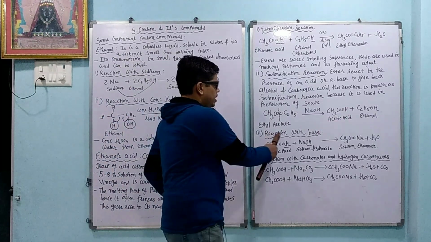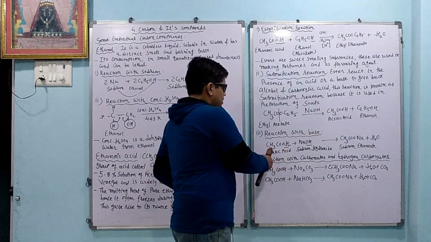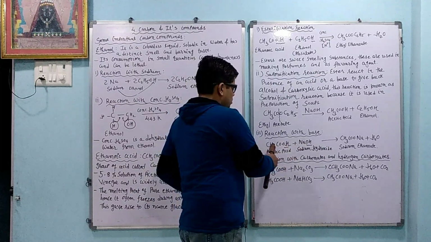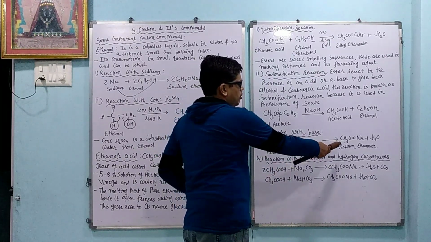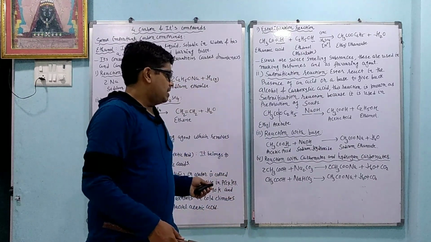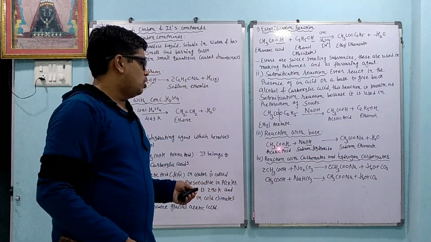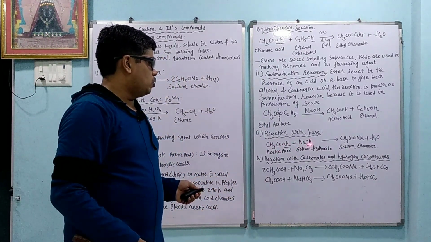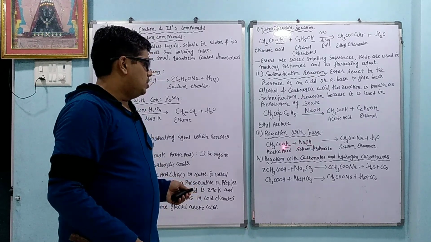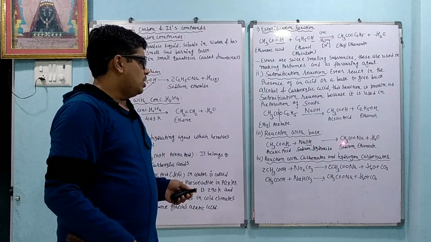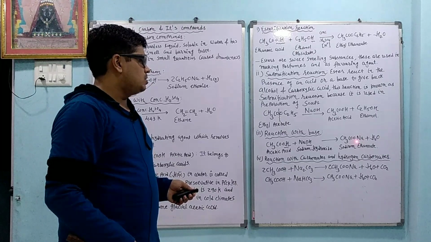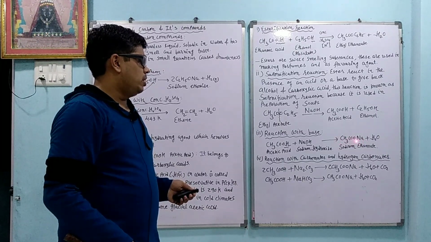In the same way, in the saponification reaction you can take a number of compounds and you get a number of products. Reaction with base: acetic acid plus NaOH gives CH3COONa plus H2O. So when acetic acid, also called ethanoic acid, reacts with sodium hydroxide, a water molecule is removed, so we get CH3COONa, called sodium ethanoate or sodium acetate.